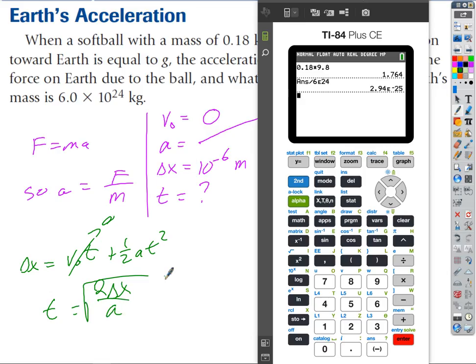So we end up with the square root of 2 times delta x, which is 10 to the negative 6, divided by the acceleration, which is that number.